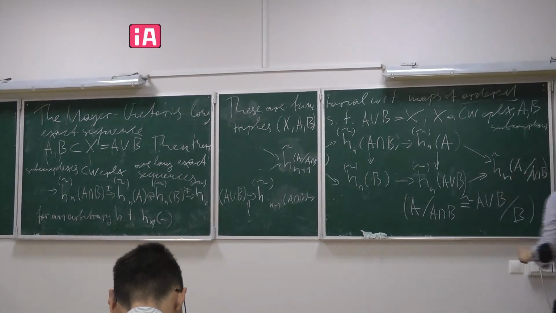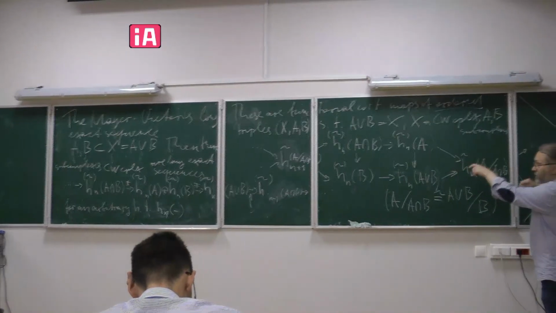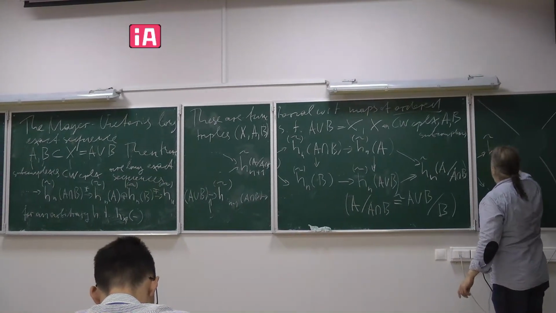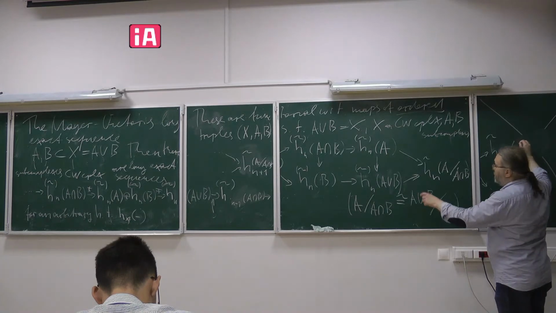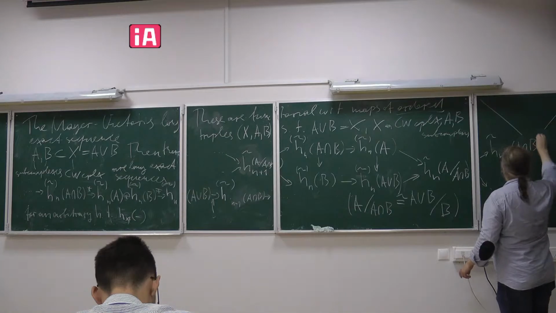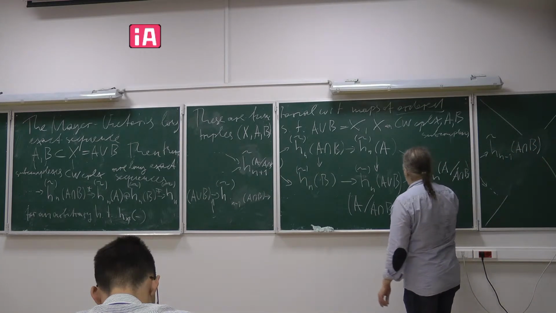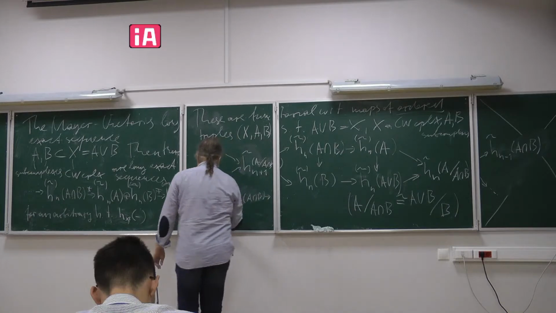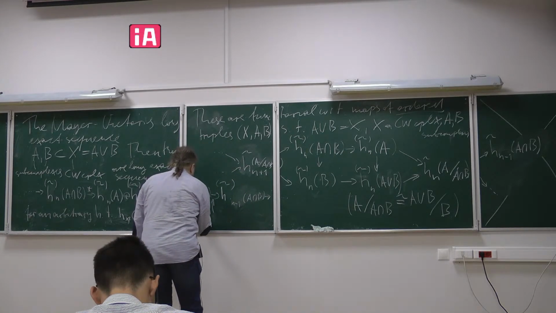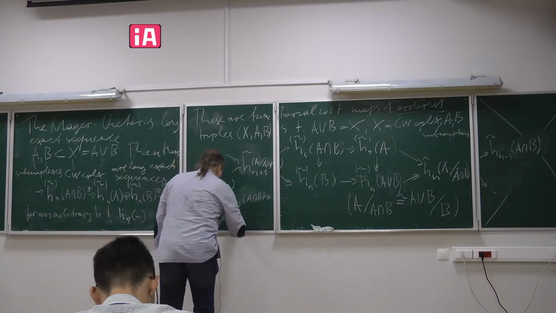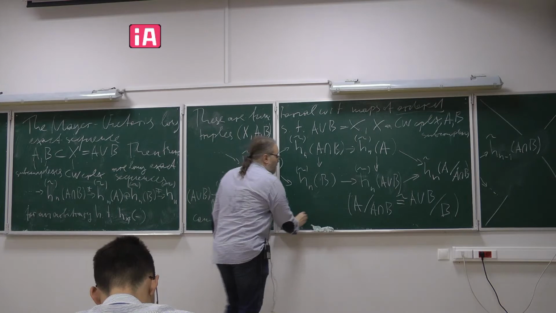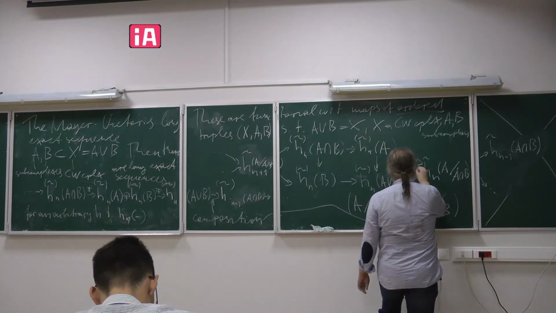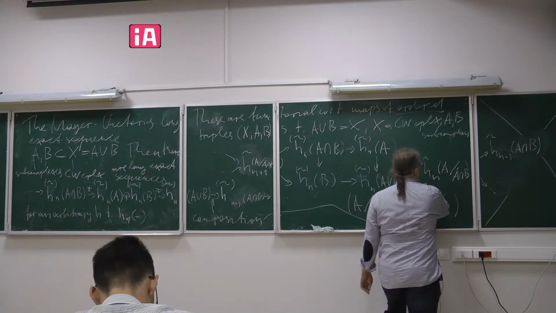Okay. I don't want to redraw the whole diagram, so I will write something here, and this something is h at -1 of A intersected B. So this map is the composition of these two.